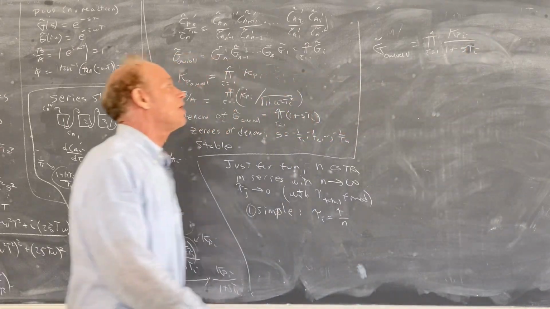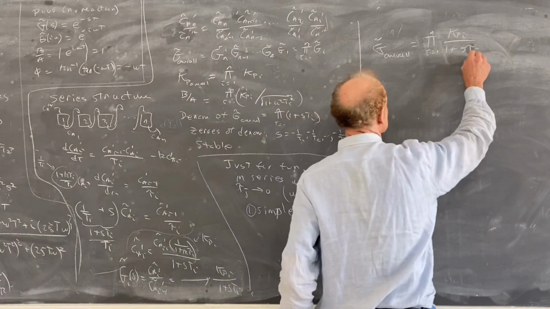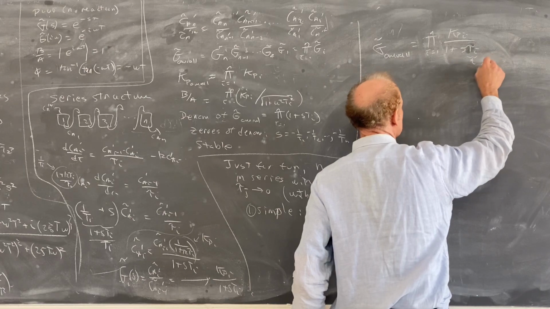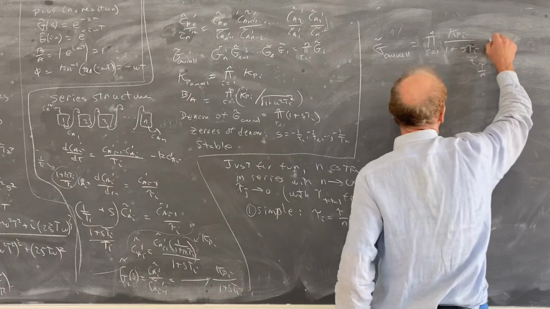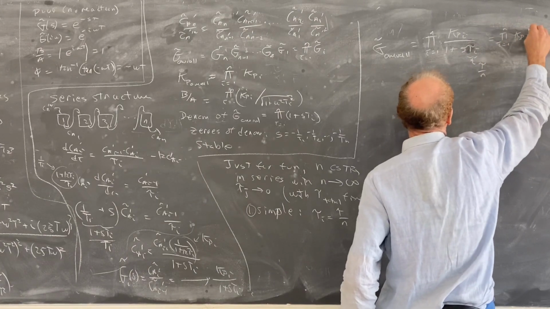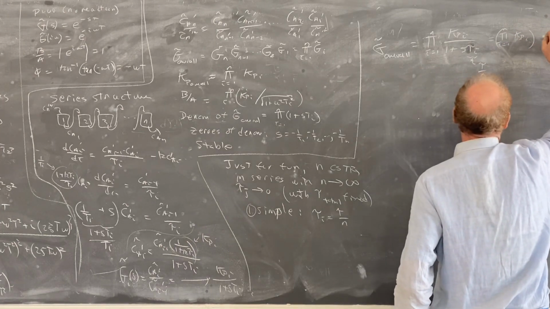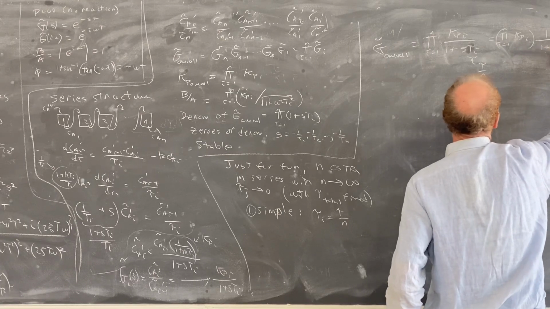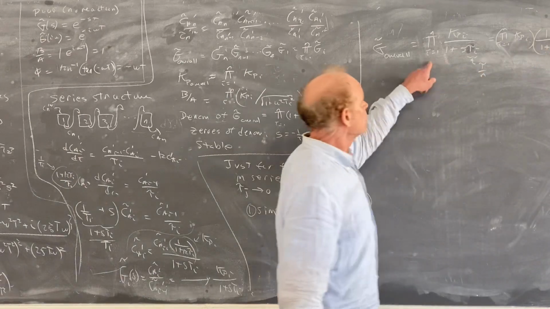So now if each of the Ti's is just tau over n, then this is the product, i equals 1 to n, of KPi, which is just a number, times 1 over 1 plus tau over n times S, raised to the nth power, because I've got n factors.